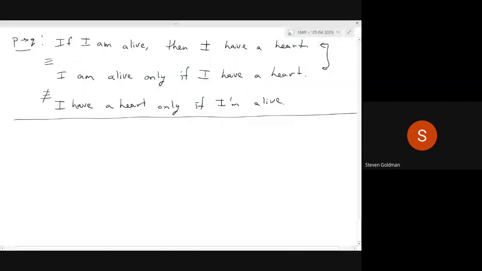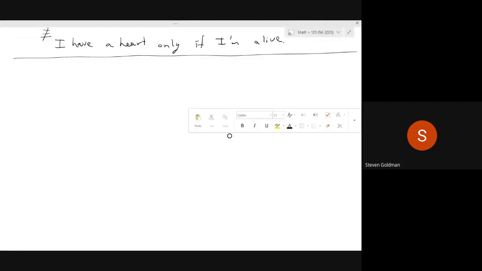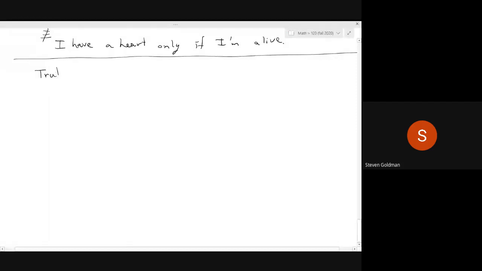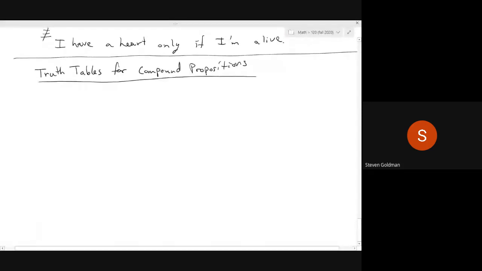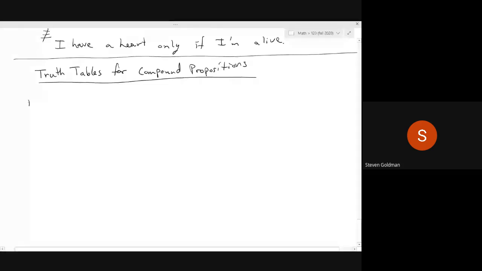So I want to now discuss writing truth tables for compound propositions. Let's do this with an example.